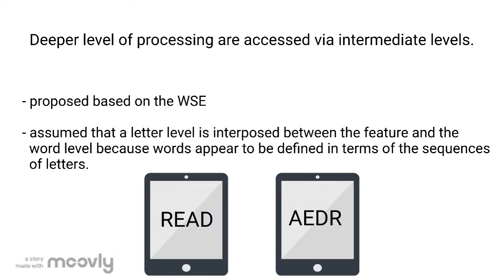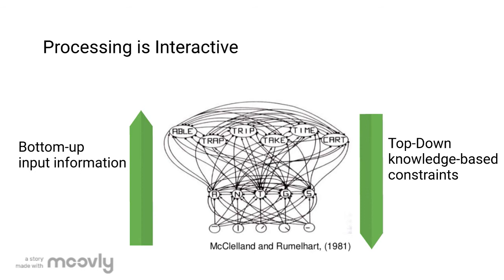In the diagram below, the letter E in READ is perceived better than in AEDR because of the sequence of the letters. The interactive assumption means that the interactive activation model involves the simultaneous consideration of both bottom-up input information and top-down knowledge-based constraints in recognizing words.